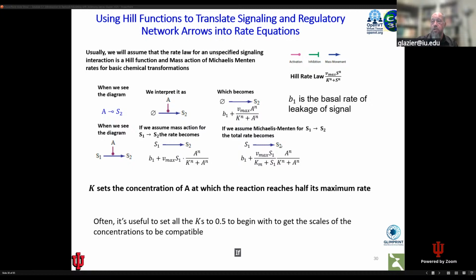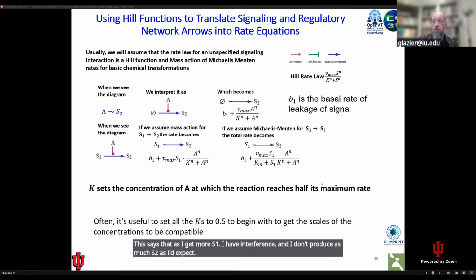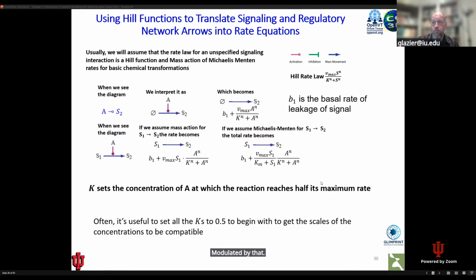If I explicitly write S1 goes to S2, and I'm not using mass action but a saturated form like Michaelis-Menten, then I would have Vmax S1 over K Michaelis plus S1. This says that as I get more S1, I have interference and I don't produce as much S2 as I'd expect, modulated by that Hill function.